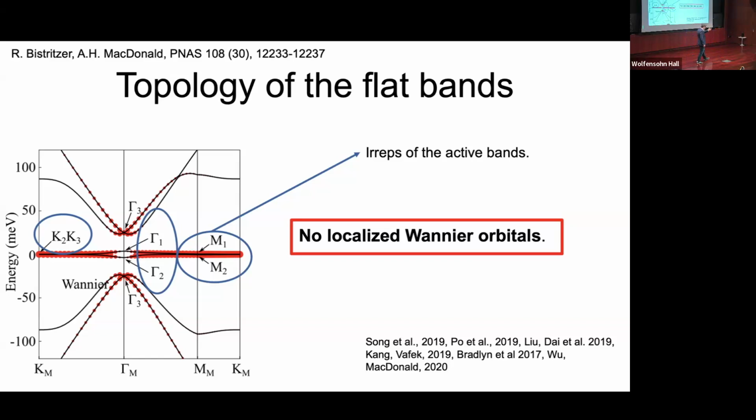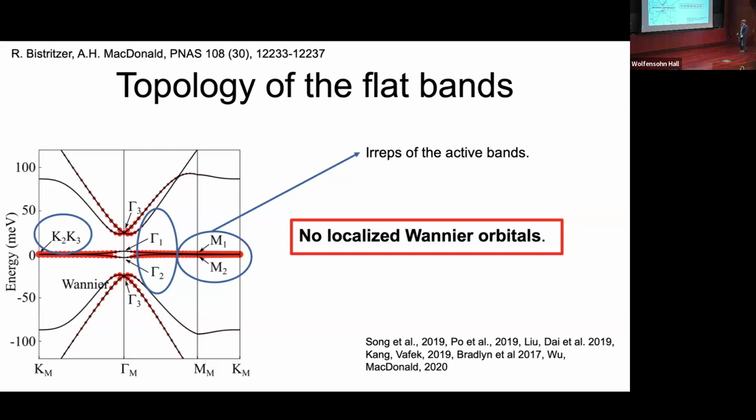So if you start from the Bistritzer-MacDonald model and follow through deductively, you should be able to get to this map without any approximations. If this is incorrect, then it means that we do not yet understand a piece of the physics, including the strength of the Coulomb interactions in the system.